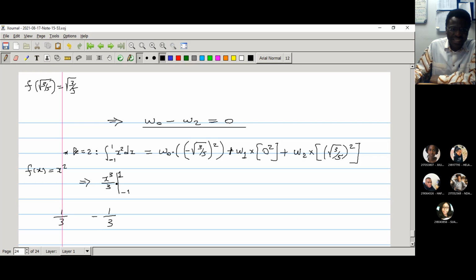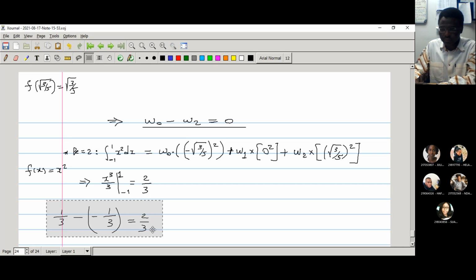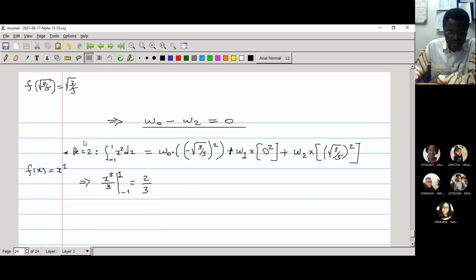Right. But because I take the difference, there will be a negative here. So it becomes 2 times this value. So this is 2 by 3. Right. I hope there's no error. Okay, that's for the left-hand side.